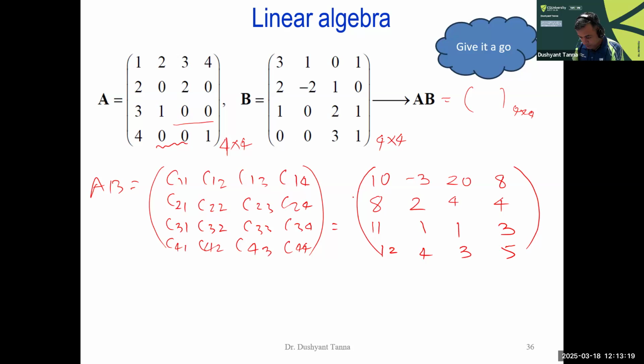It's 8, 2, 4, 2. Okay, that's also right. 9 plus 2, 11. 3 minus 2 is 1. 0 plus 1 is 1. 3 plus 0. Okay, that's also right. 12.